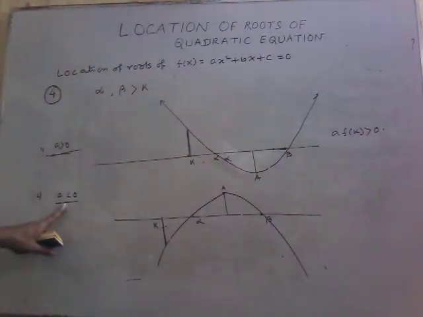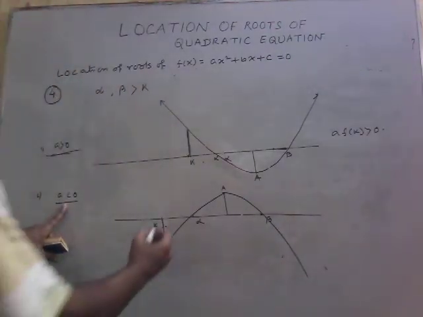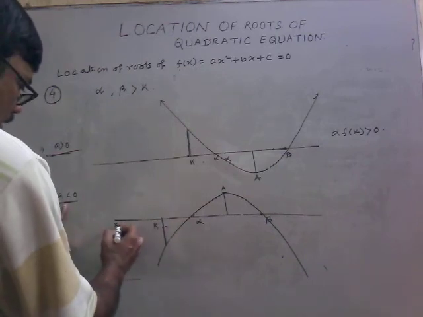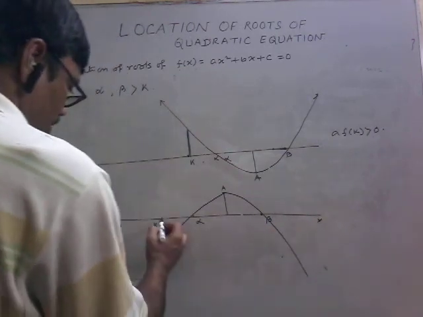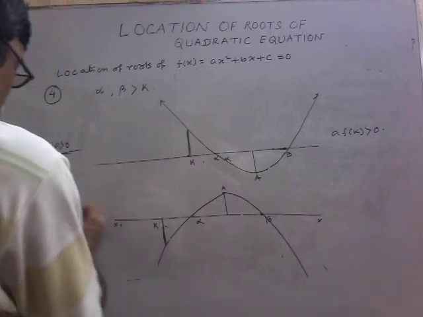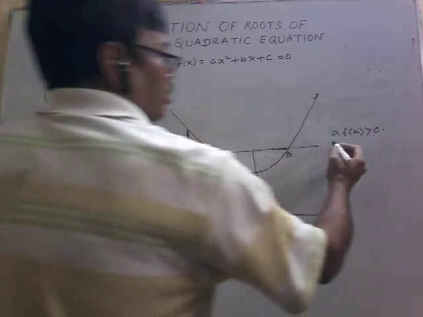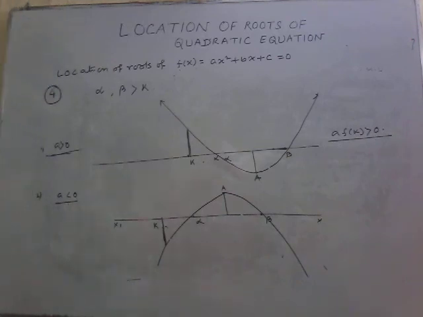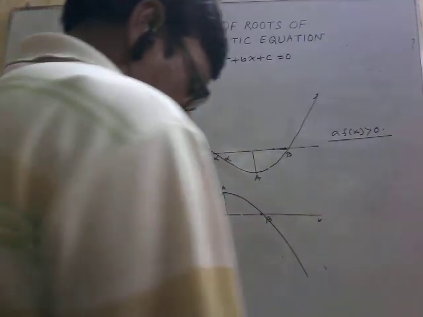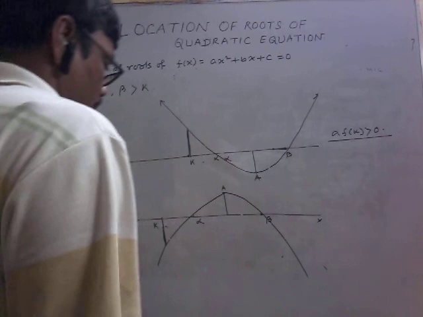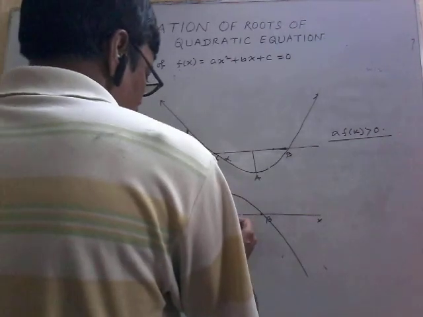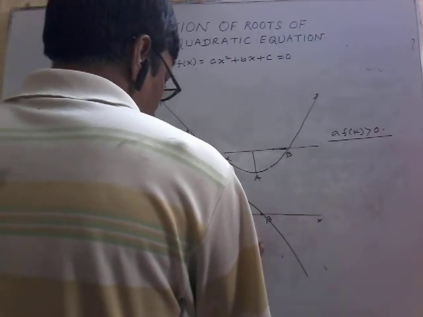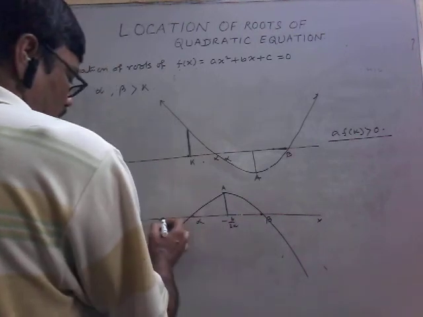For the second case also, look, k is below the x-axis. So this is negative and a less than 0. So a into fk is always greater than 0. Now minus b by twice a is greater than k.